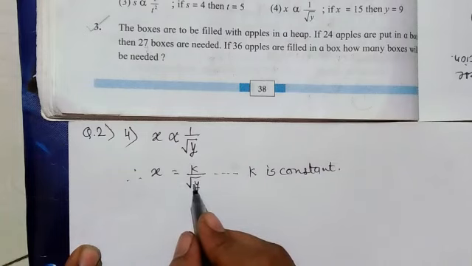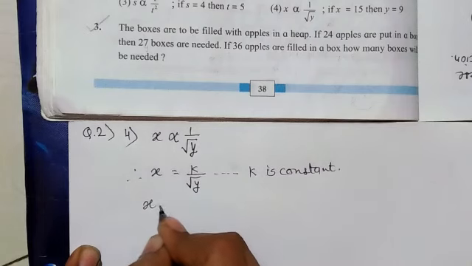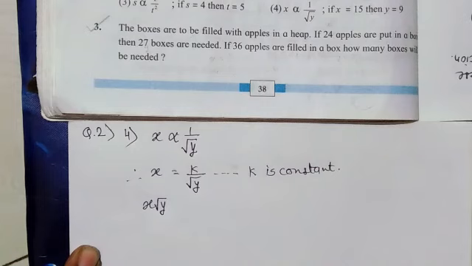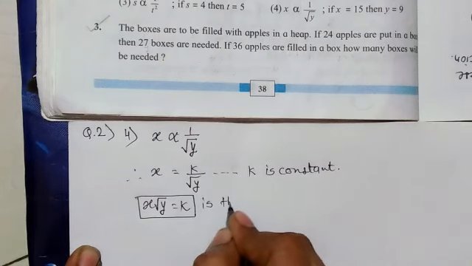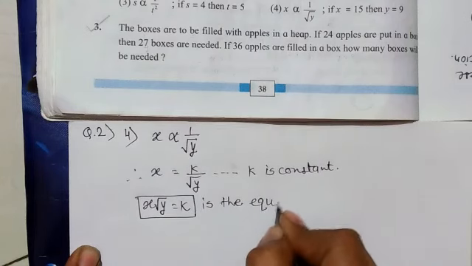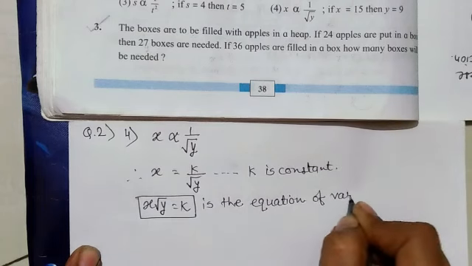After that, this square root of y is dividing here. So while making the equation, we will send it to the opposite side. x into square root y is equal to k. This is the equation of variation.